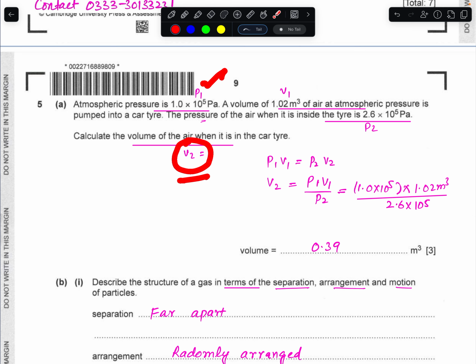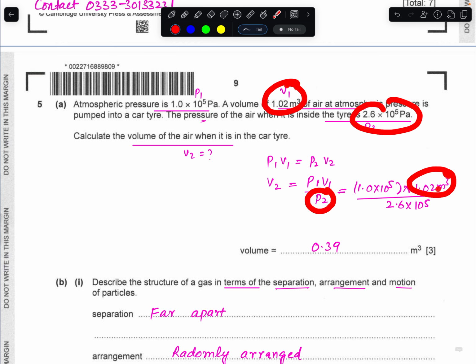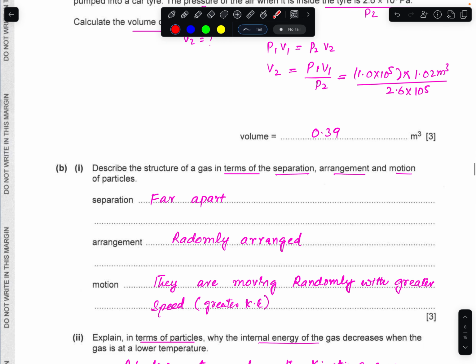This is P1, V1, this is P2, but V2 is missing, so we should rearrange this equation for V2, which is P1 V1 over P2. You know the values, you can just plug in the values. P1 is here, this is V1, and this value is given over here, 2.6, and you would get 0.39 meter cube.